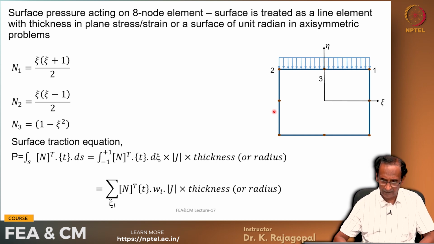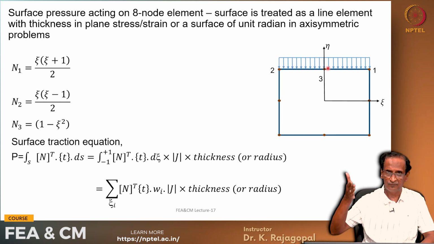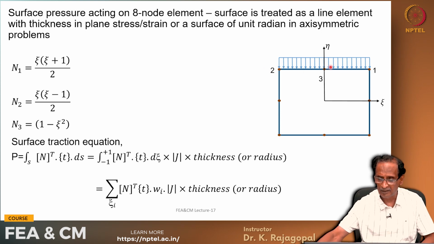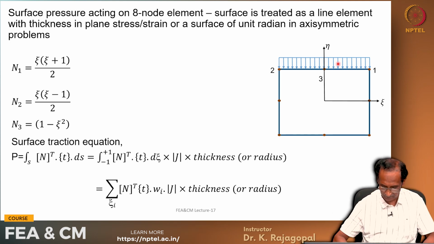But later we will see how to automate them, because we humans have brains, and we can say that this is a horizontal surface and we have vertical pressure. But how do you make a computer know that this is a horizontal surface and this force should be acting in the negative y direction? That we will see later.